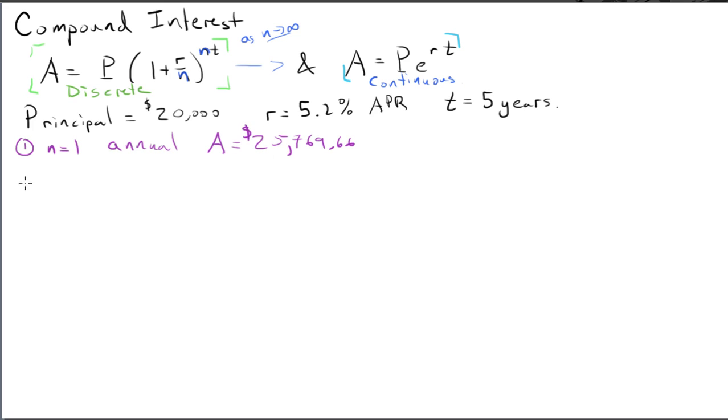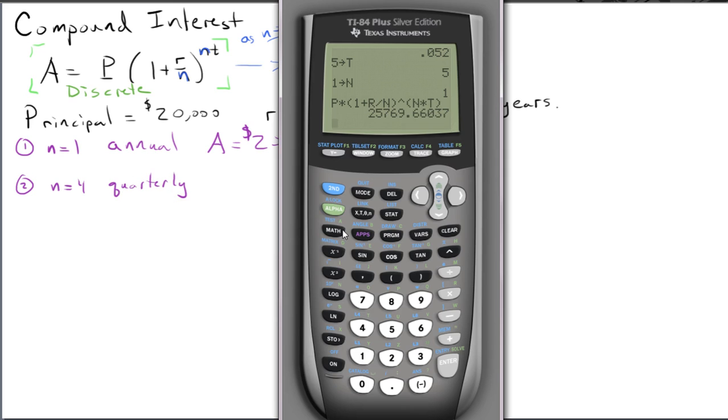All right. Let's do this quarterly. And all I'm going to need to do is take 12. I'm going to store that as n, alpha n, enter.